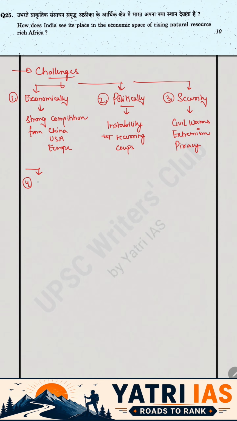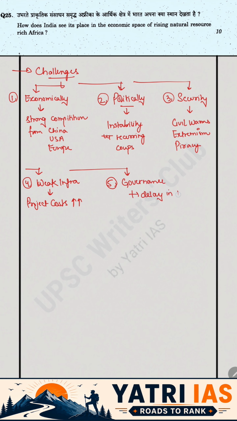Then you mention weak infrastructure. Weak infrastructure in Africa increases project cost. Then you mention governance is also a reason, because when you see delays in program implementation, you see the region suffer. So these are the challenges you could mention.